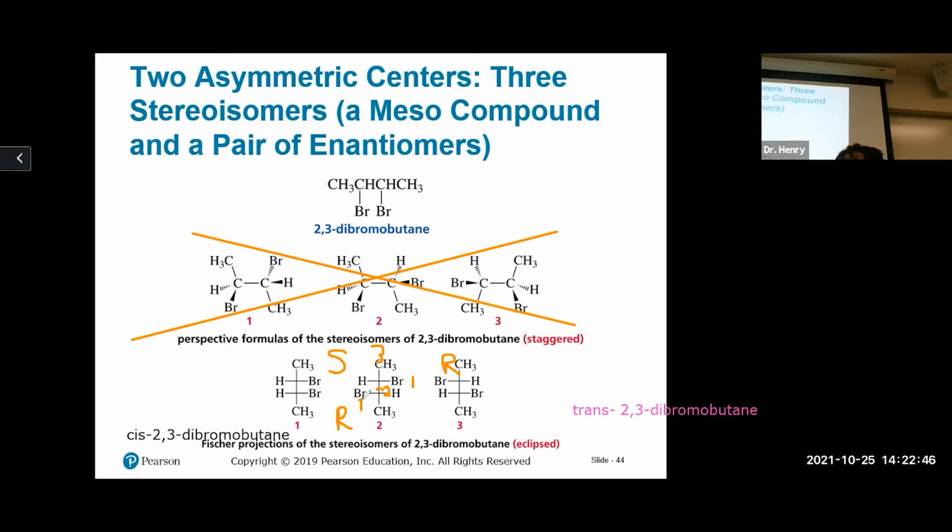Okay, this is 1. The bromine is 1 down here. Now that is supposed to be purple. Does that look purple to you? Oh, sorry. This is 2 here. This is 3. And this is 4.